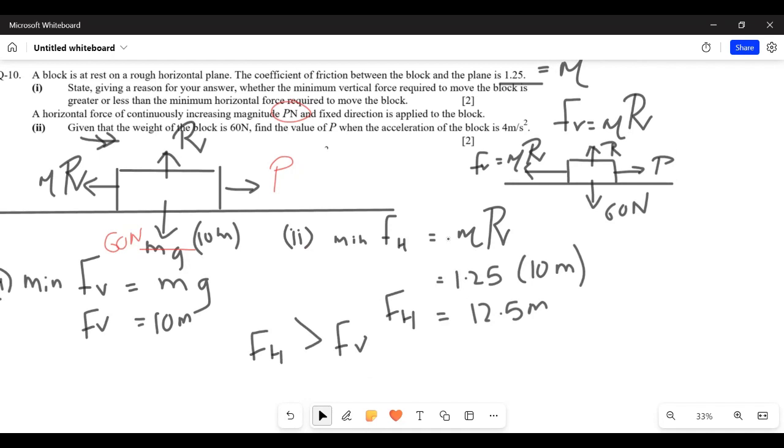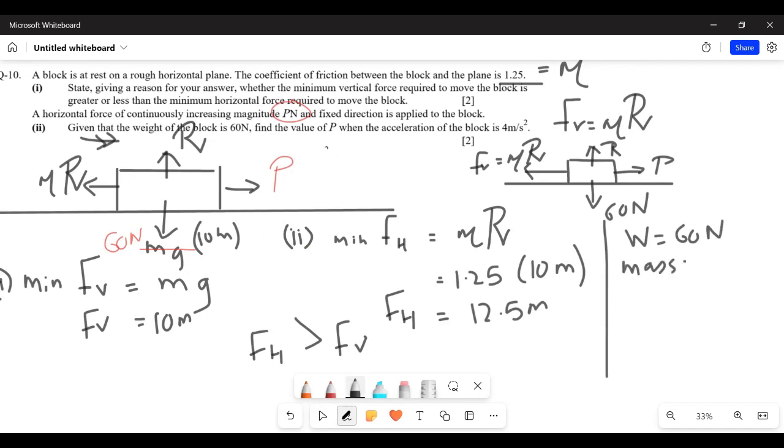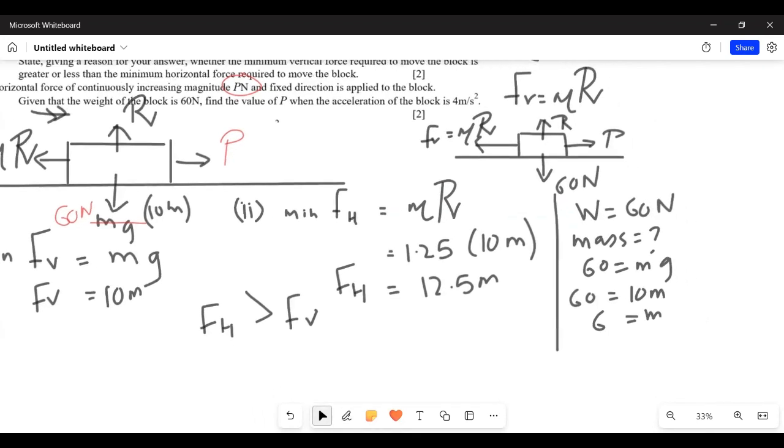Okay, if weight is 60 newtons, what's going to be the mass? Weight is 60 newtons, so what will the mass be? 6 kg. Okay. Weight is equal to mg, so 60 equals 10m, so m is equal to 6. So we're going to use forward force minus backward force equals ma.